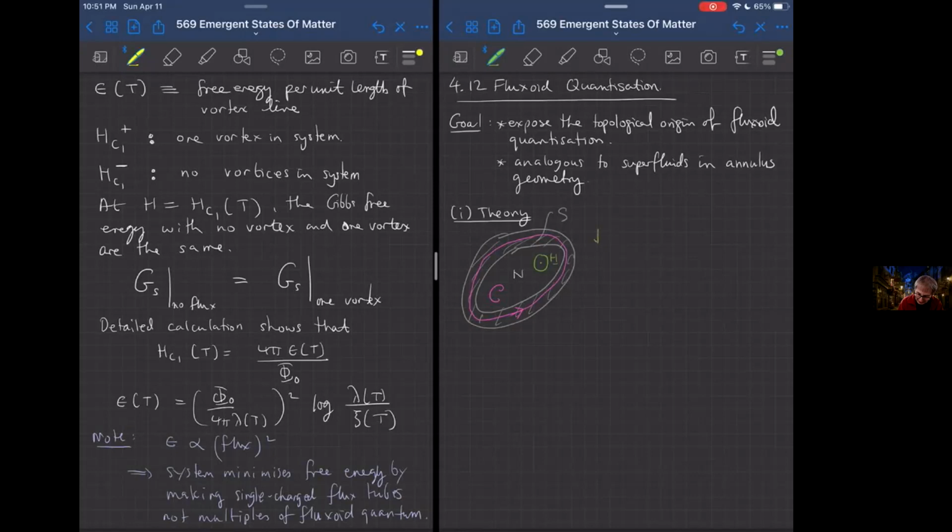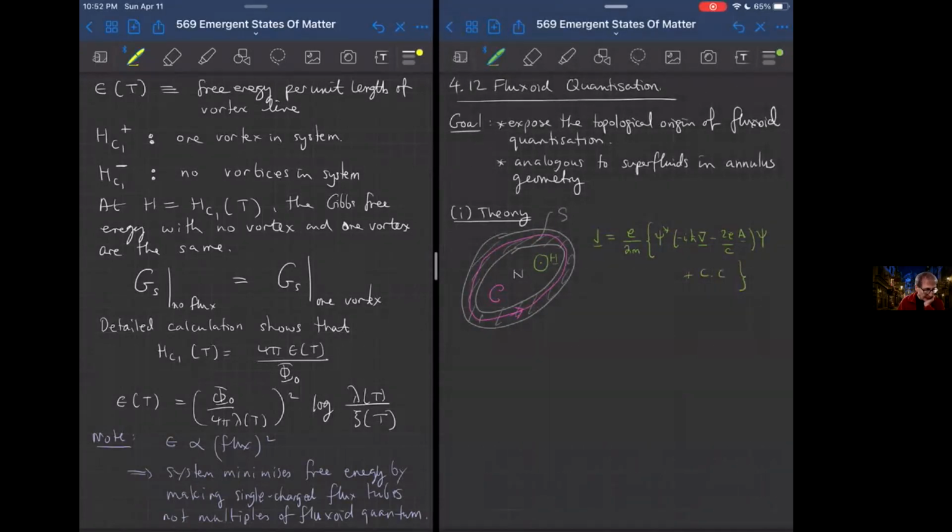Okay, so let's remind ourselves what the current was in Ginzburg-Landau theory. So in Ginzburg-Landau theory, the current that you get when you have a superconductor in the presence of a vector potential was this formula that I wrote down last time. So it's this plus its complex conjugate. So that's the formula for the current.